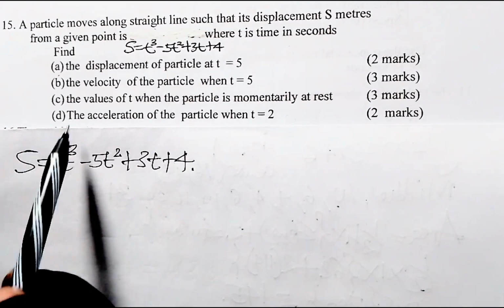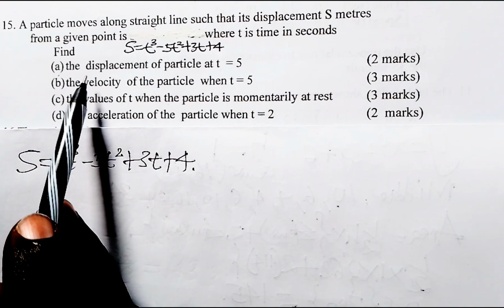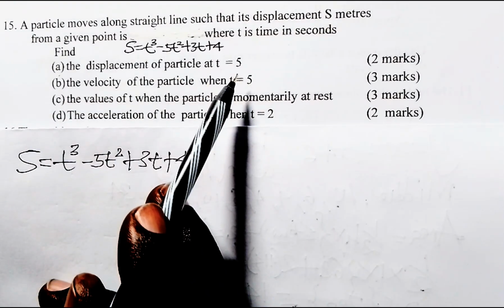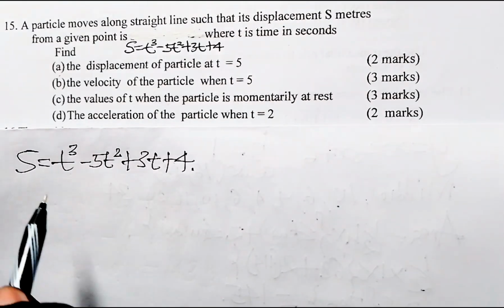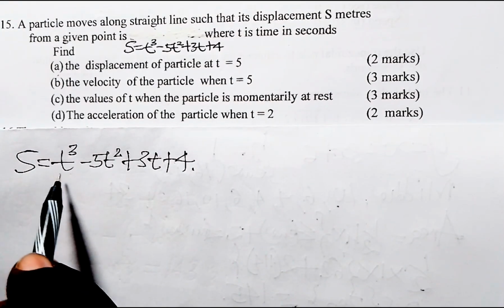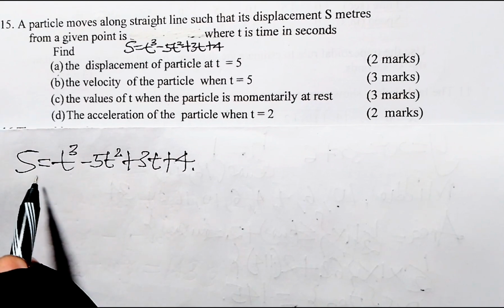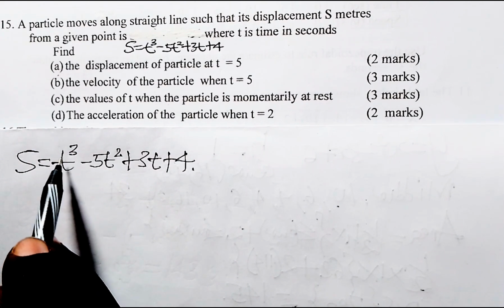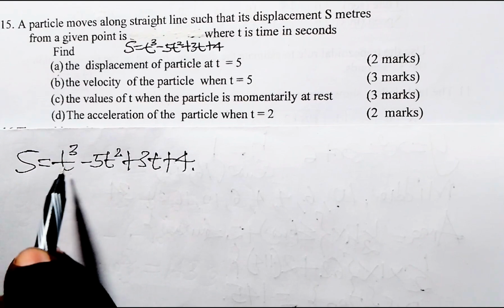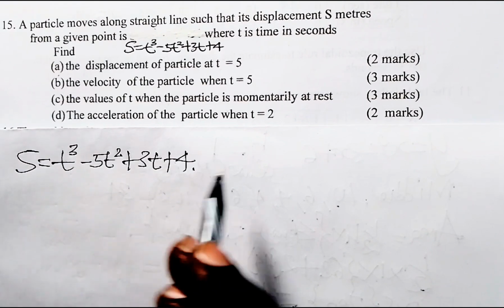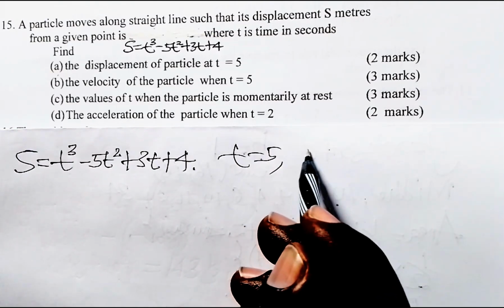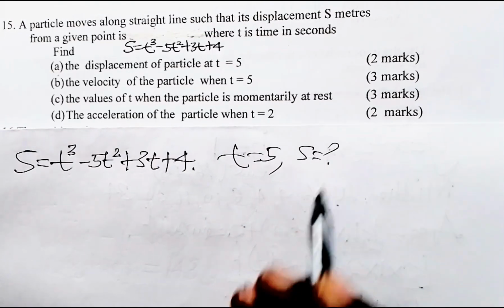So in part A, to find the displacement of the particle when t is equal to 5, we substitute to get the distance covered. We substitute for the value of t. We put 5. When t is equal to 5, s will be equivalent to what?